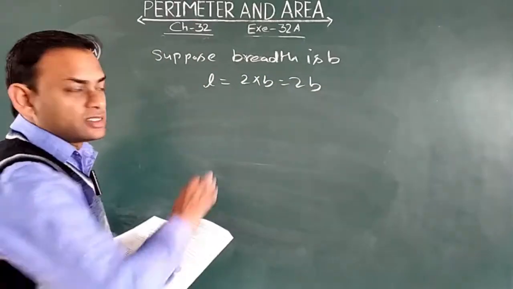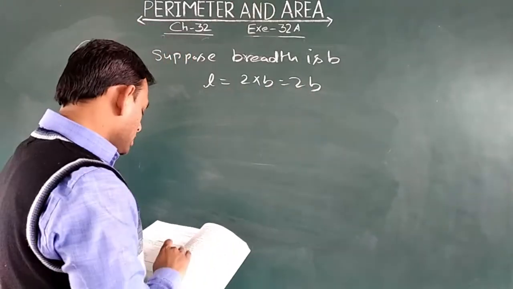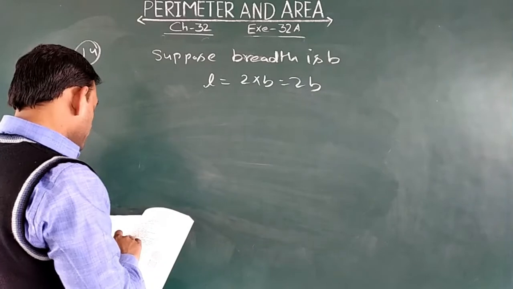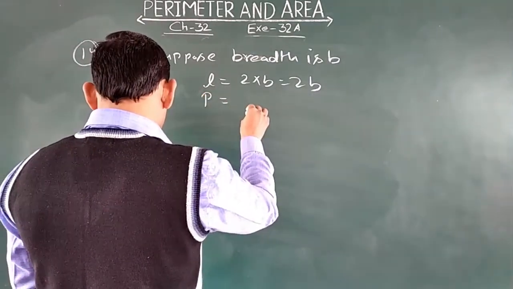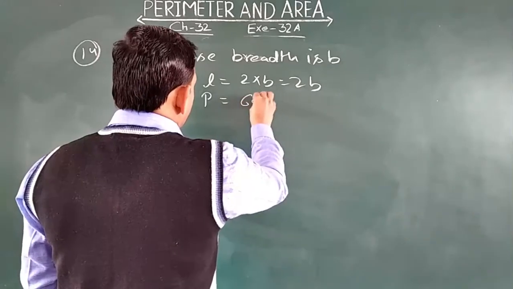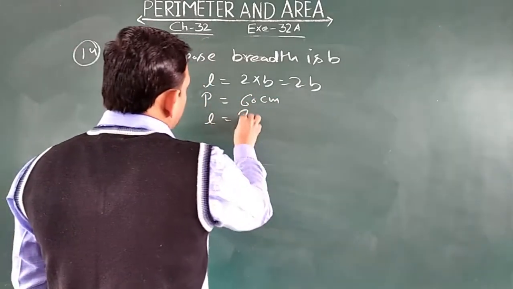The question is saying that the length is twice its breadth. Then the perimeter of this rectangle is given, that is 60 centimeter. So you have to find the length.